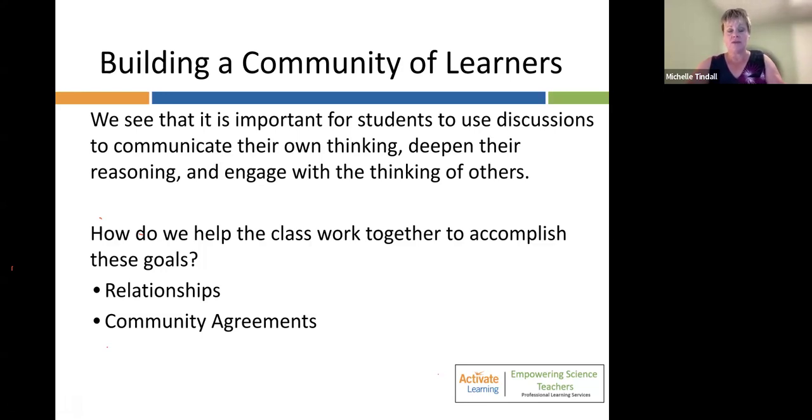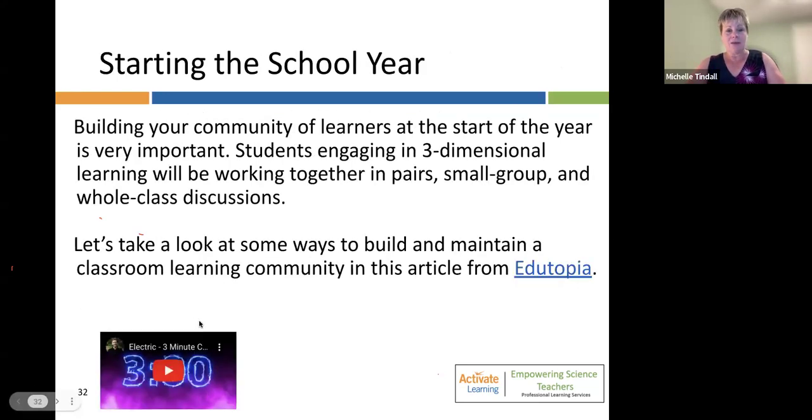How do we get them to open up and share their vulnerabilities and what they understand and what they don't understand yet? So relationships are going to be a key piece as well. So taking a look at how do we get at that? When we are building our community of learners, what do we do next?